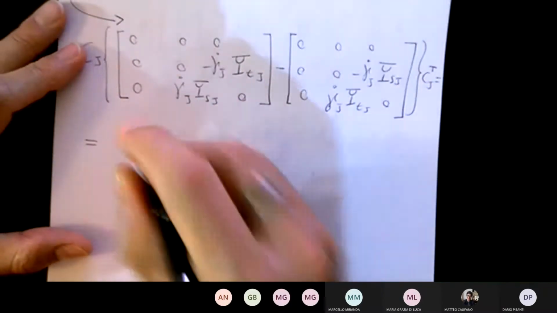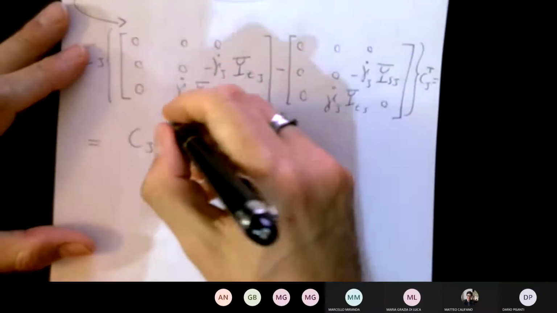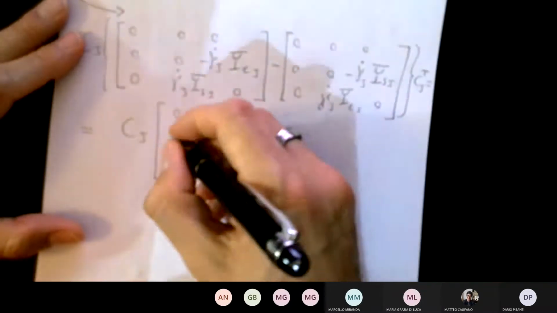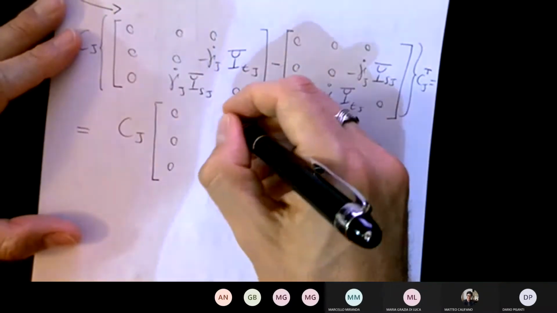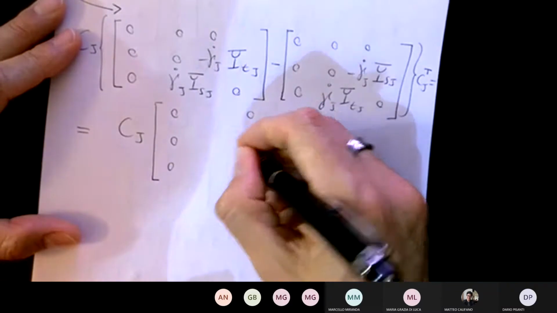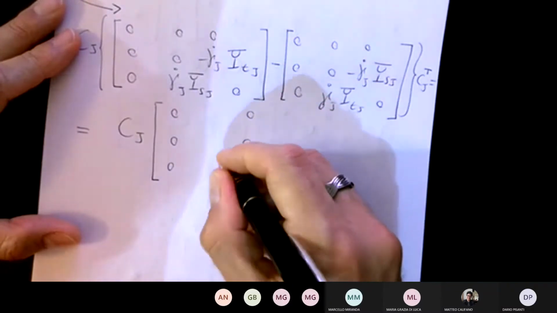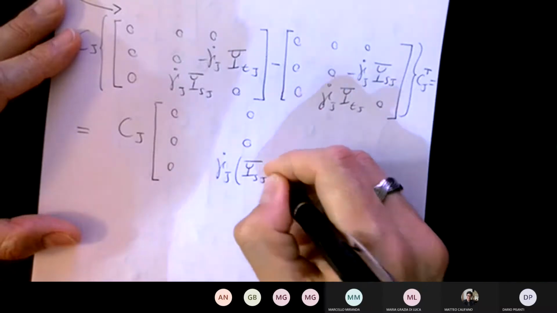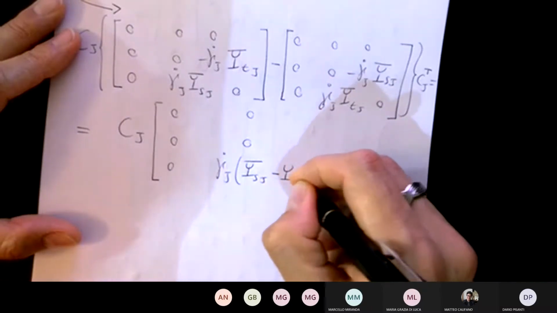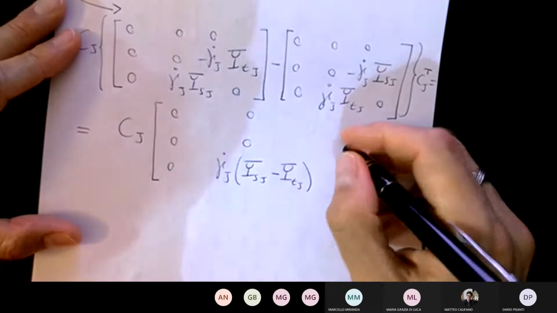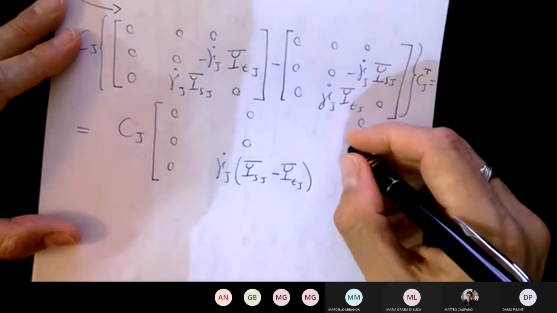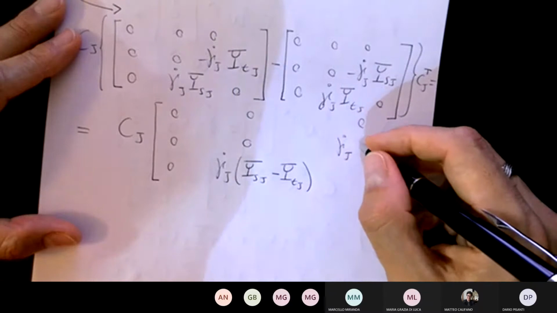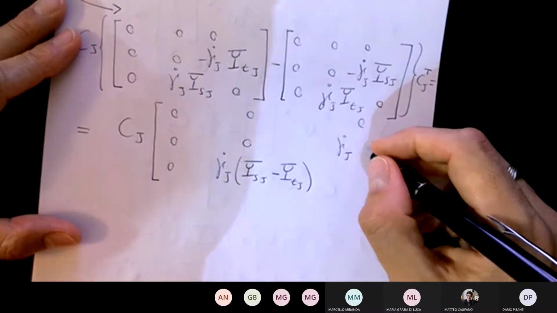We have Cj. I can put all these together and it will look like the following. Bunch of zeros, we like that, we like zeros. We have gamma j dot, and the difference between the moment of inertia on the spin axis and the moment of inertia on the tangential axis. And then I have another 0 here, and a similar term, gamma j dot. Here we have the same thing.